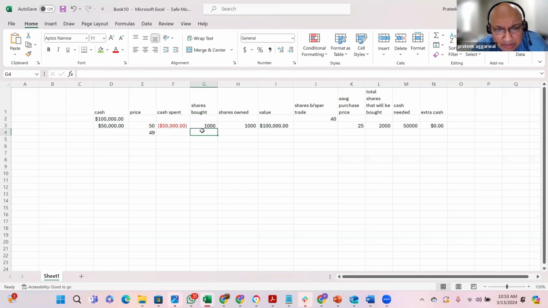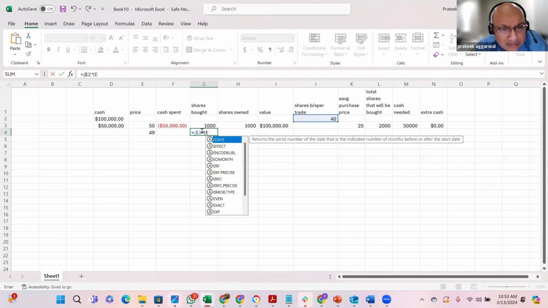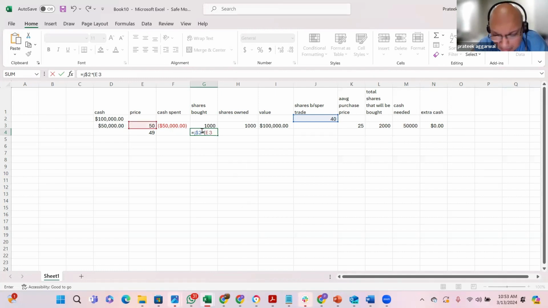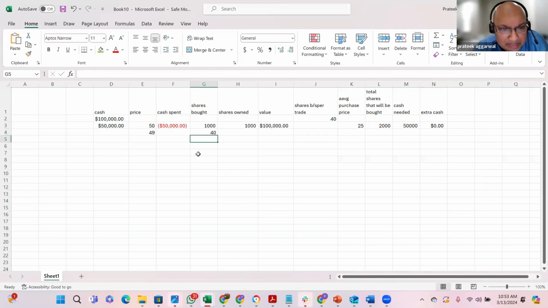Now let us say the price drops to 49. When the price drops to 49, I'll be buying another 40 shares. So the way I'll calculate that is J2 multiplied by E2 minus E3, E3 minus E4. I've done E3 minus E4 because suppose the price dropped by $2, I would have bought 80 shares.